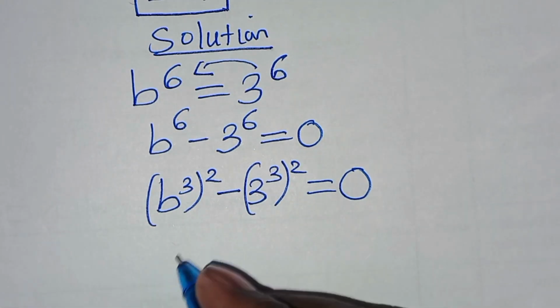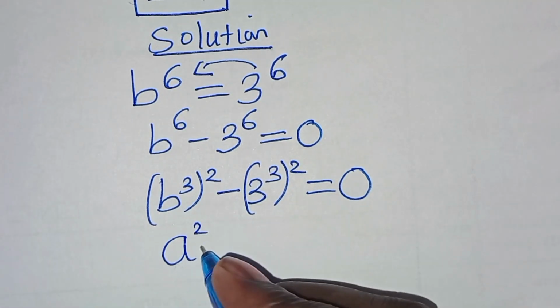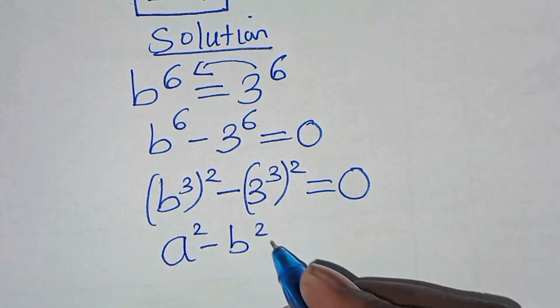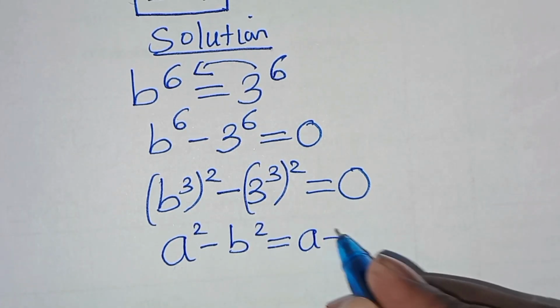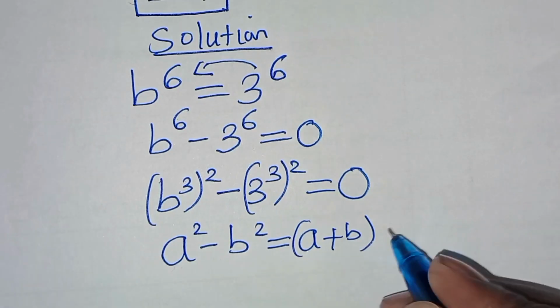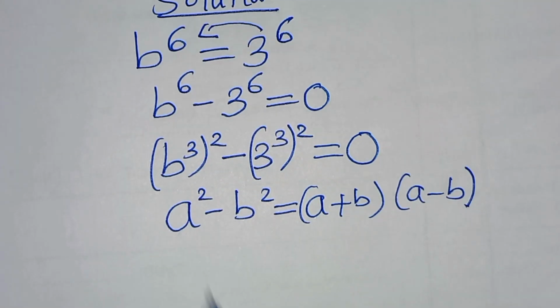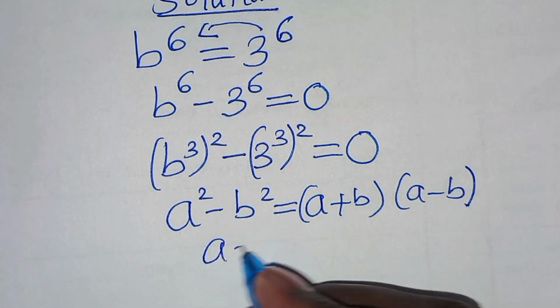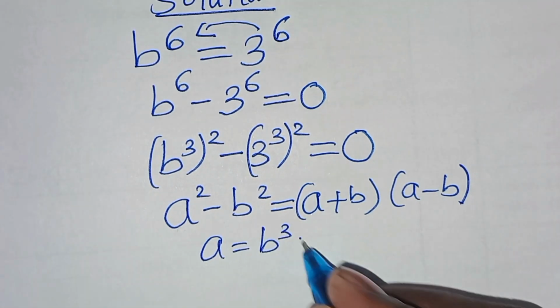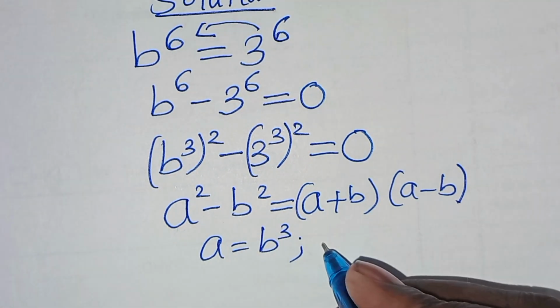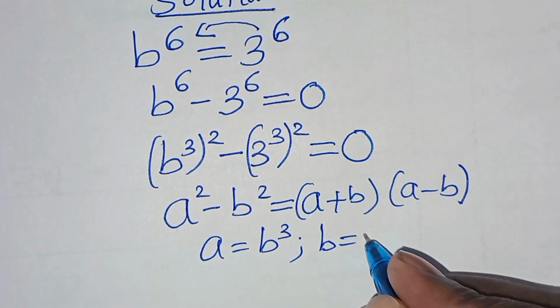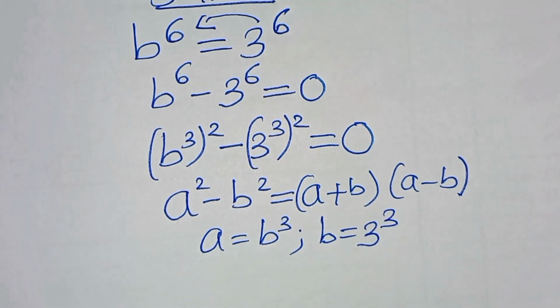This equation is in the form of a squared minus b squared, which we can express as a plus b times a minus b. In this case, a is equal to b to power 3, and b is equal to 3 to power 3.